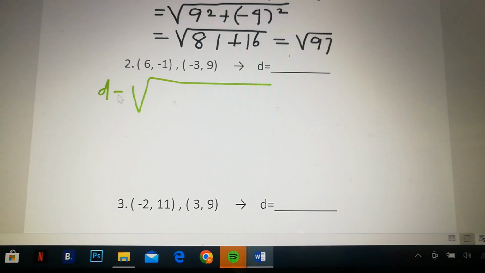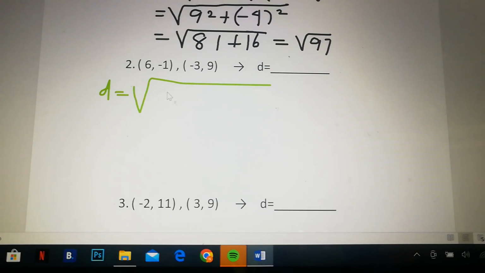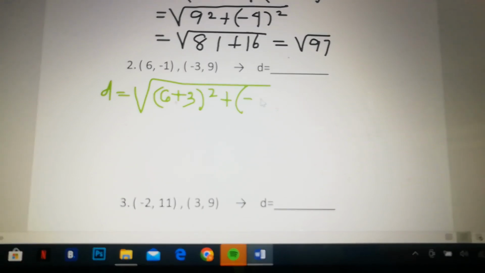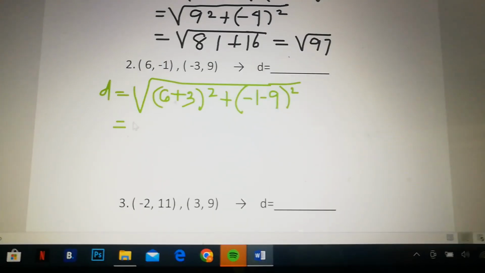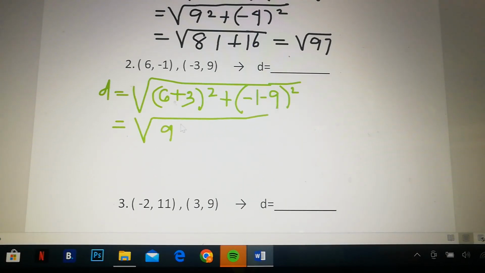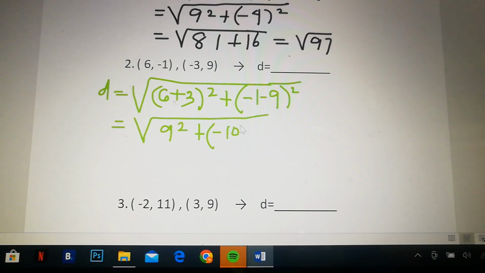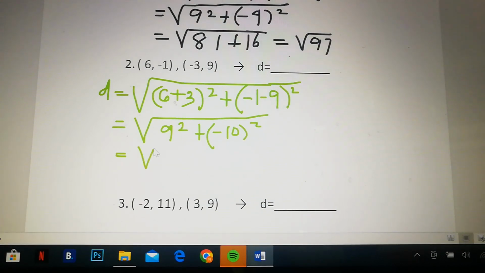So the distance is equal to the square root of 6 minus negative 3, so that is 6 plus 3 squared, plus negative 1 minus 9 squared, equal to square root of 9 squared plus negative 10 squared, so equal to square root of 81 plus 100, equal to square root of 181.